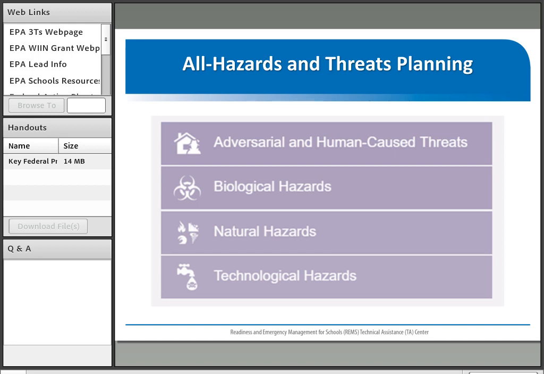So as we're thinking very specifically about an individual threat or hazard, like the possibility of lead exposure, and we're working on our communications plan related to this, it is important to remember that those communications are going to support other types of prevention activities. So we encourage you to think broadly as well.